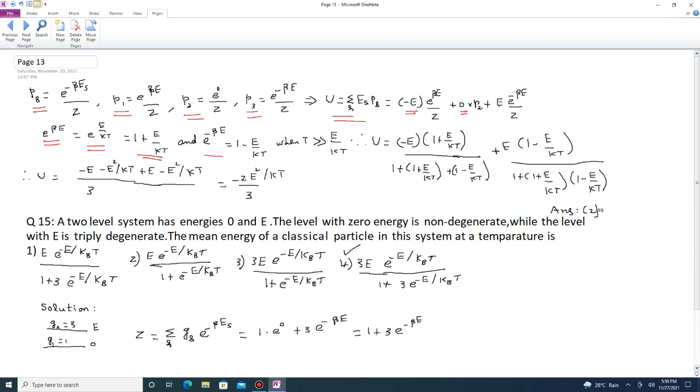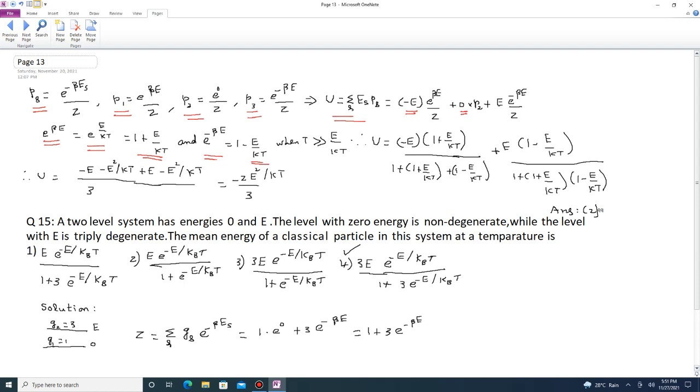Similarly for e power minus beta E also, 1 minus E by KT, the higher order terms can be removed because this is very small when compared with the second term. So when KT is greater than E, the exponential factors e power E by KT and e power minus E by KT can be expanded, retaining the first order, and the higher order terms can be removed.